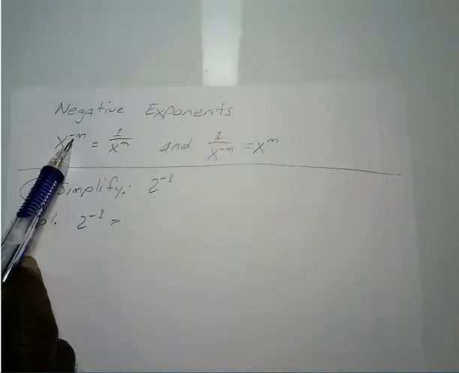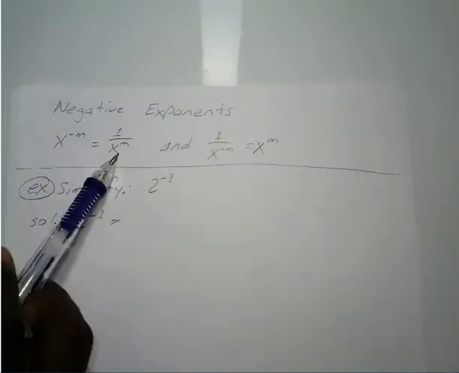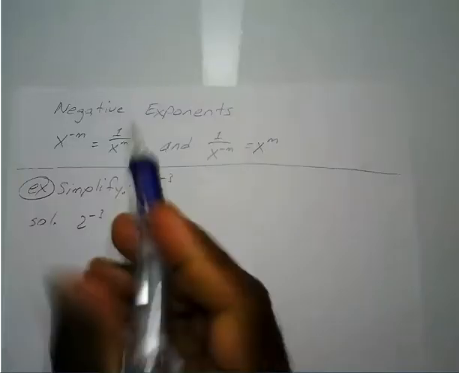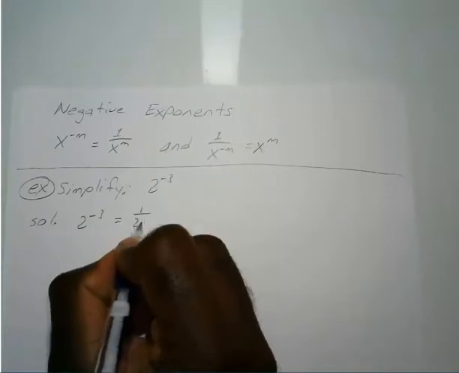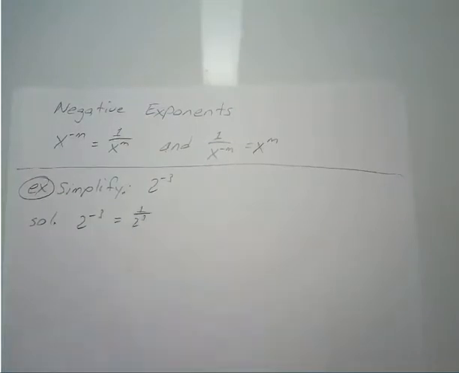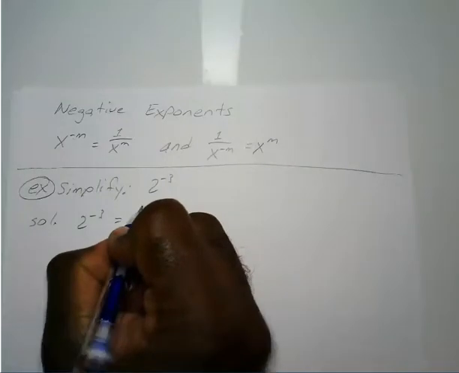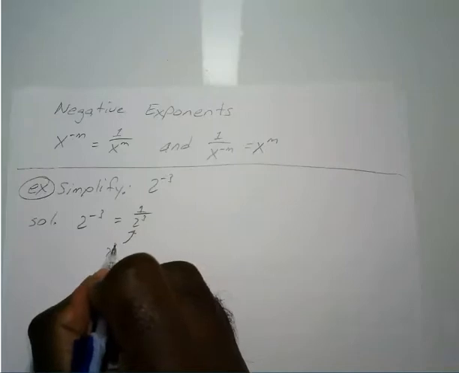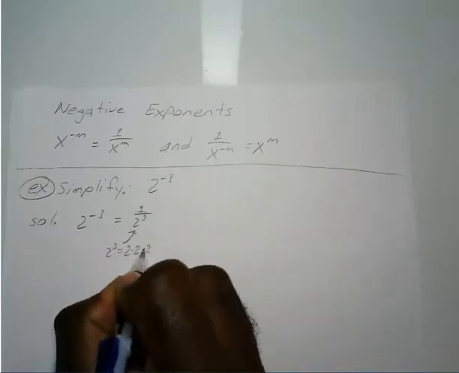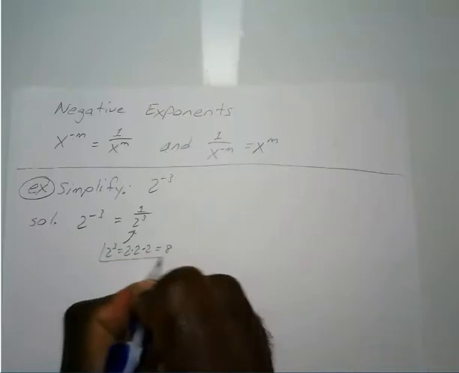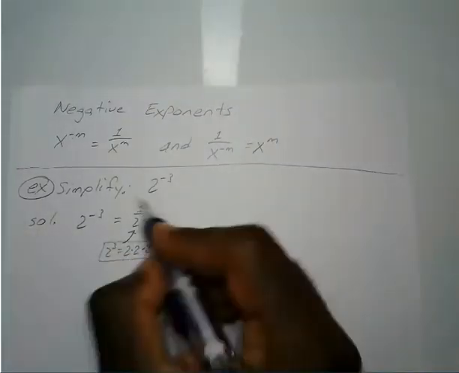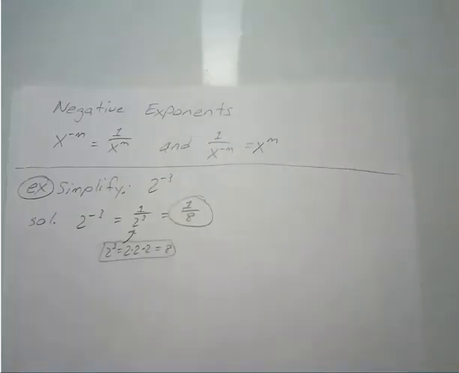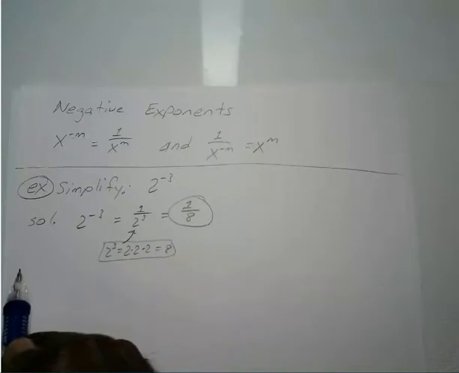Remember, when you have a negative exponent, all you have to do is make it 1 over that exponent and make that exponent positive. So that's equal to 1 over 2 to the third power. Okay, and we know that 2 to the third power is 2 times 2 times 2, which is 8. So this will equal 1 over 8.